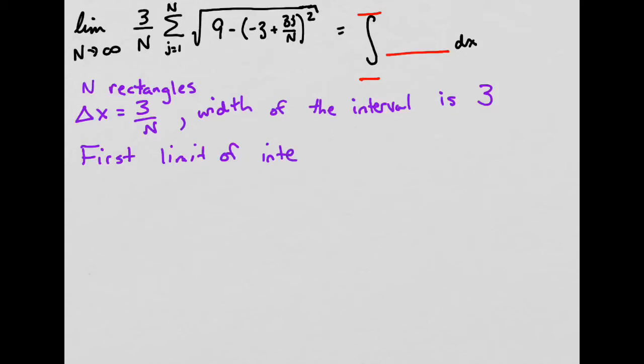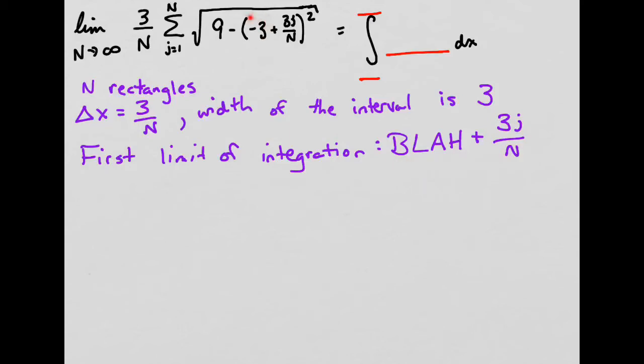So we're looking for something of the form blah plus 3j over n, because you're adding j widths to your initial value, to your first limit of integration.